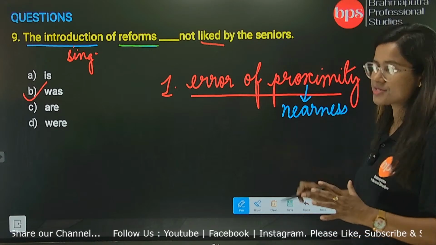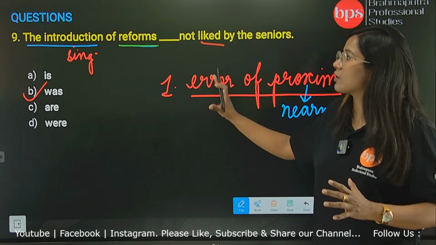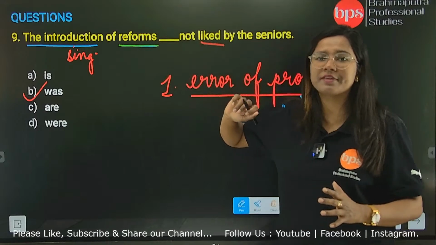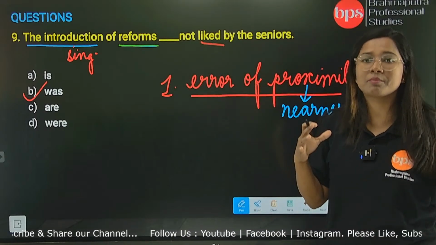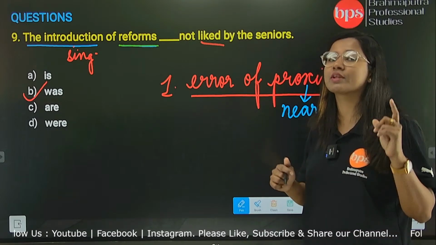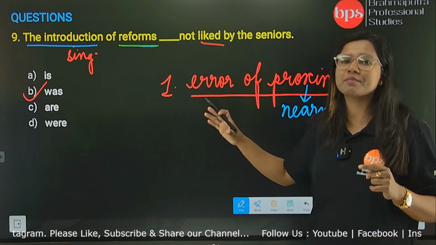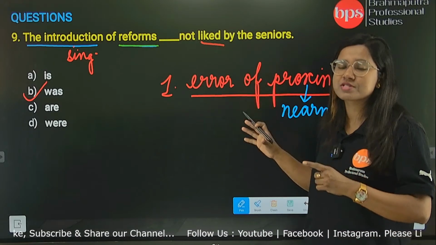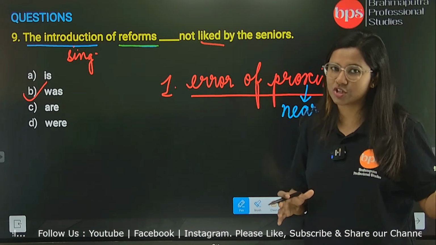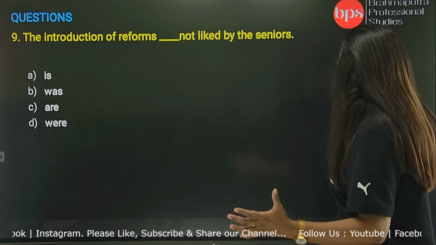This is the error, and sentences where the nearest word is the reform will most probably not come in your exam. It is not actually frequently asked. The questions which are frequently asked in your exam are sentences where we tend to make the mistake of proximity or nearness. We try to place the verb in relation to the nearness of the subject. Yes, you got it? Next, moving on to the last question of this session.